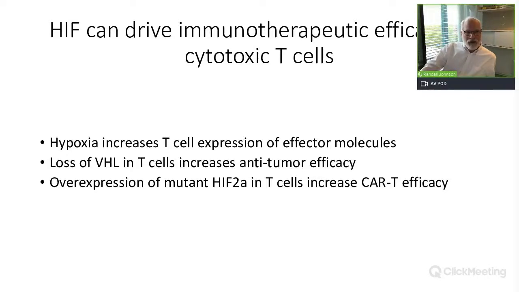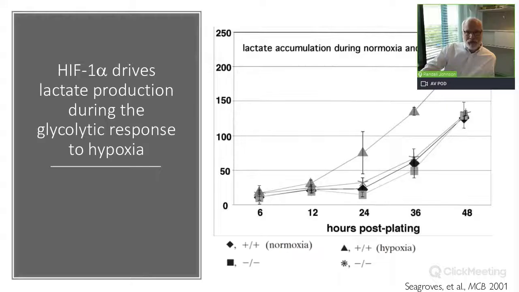So I showed you that HIF can drive immunotherapeutic efficacy in cytotoxic T cells, that it increases T cell expression of effector molecules, that loss of VHL has been shown to increase anti-tumor efficacy. And of course, overexpression seems to do the same, although if you read the paper, you'll see that that's specific to a very particular effect on or mutation of HIF-2.